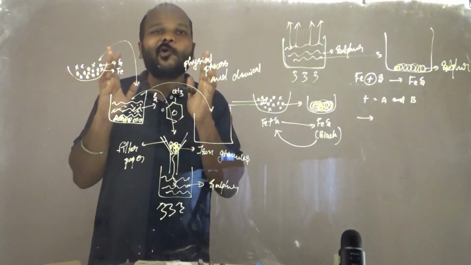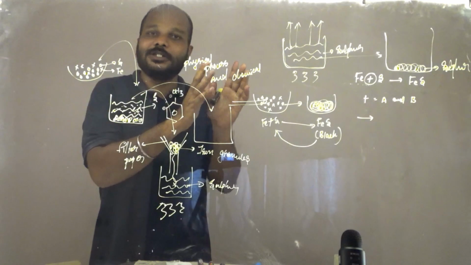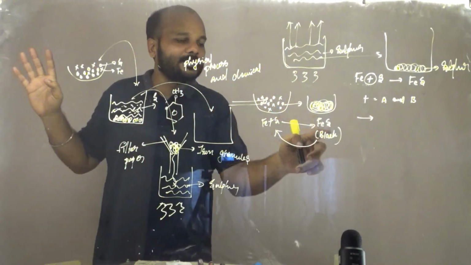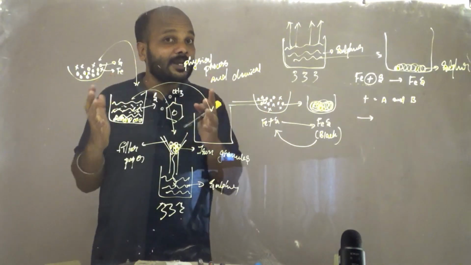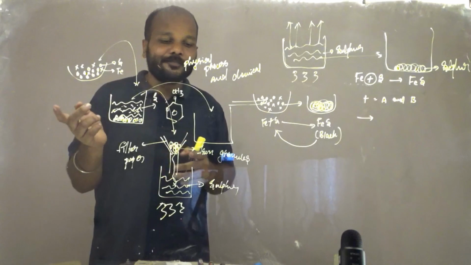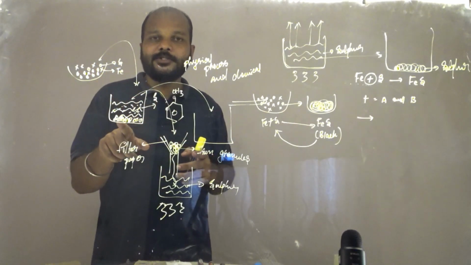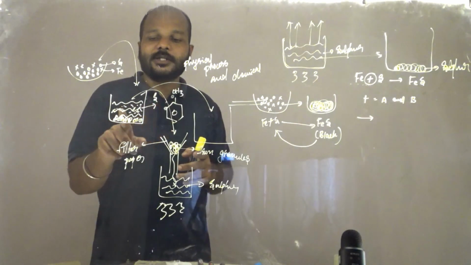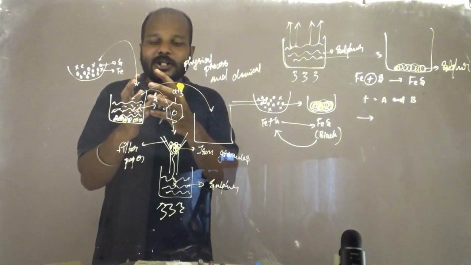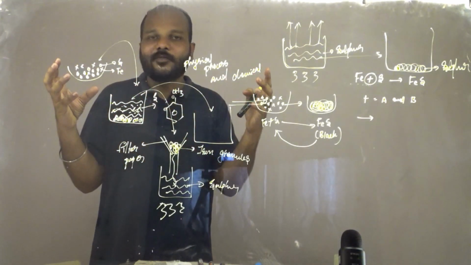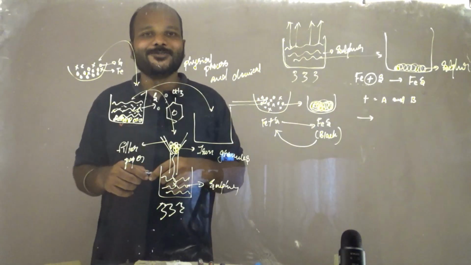This is the core difference between a physical process and a chemical process. A chemical process is irreversible: once iron sulfide is formed, you cannot easily reverse it. But a physical process is reversible, because I just poured in some solvent, methyl benzene. Now sulfur is in the methyl benzene and the iron granules are here, so I can easily separate iron granules and sulfur. Okay, so this is the thing.